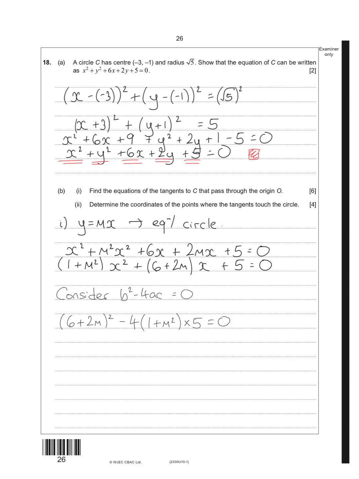No real quick way to do this, so let's just expand it. 36 plus 24m plus 4m squared. Minus 4 times 5 is minus 20, so minus 20 minus 20m squared equals 0.